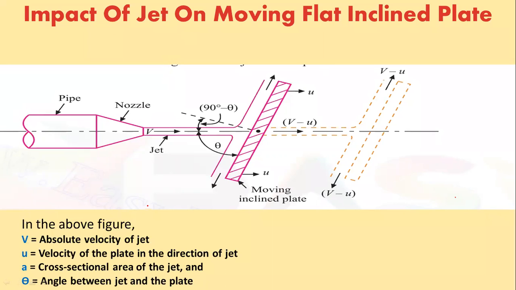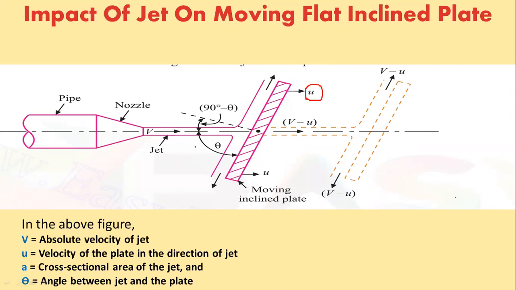Now from the above figure that you are able to see on your screen, let V be the absolute velocity of the jet, let u be the velocity of the plate. After the jet strikes the plate with a velocity V, there will be some movement of the plate, and that movement of the plate will have velocity u.